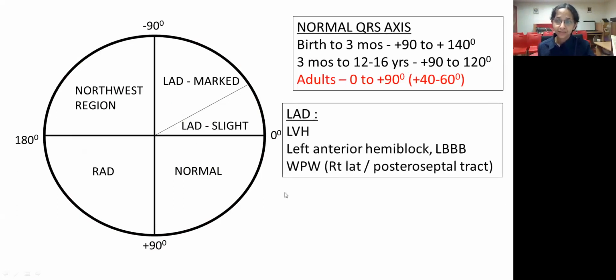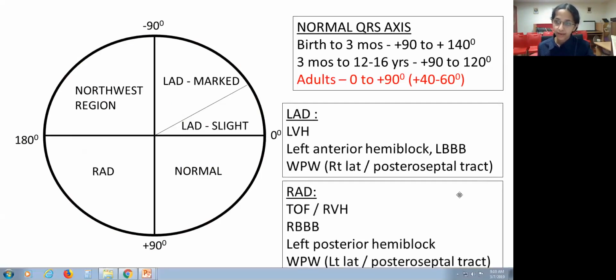And left axis deviation is commonly seen in children who have left ventricular hypertrophy or an accessory pathway or a bundle branch block. You have right axis deviation commonly in certain congenital heart diseases with right ventricular hypertrophy or with accessory pathways or with bundle branch blocks.